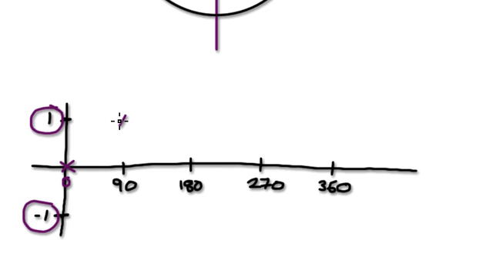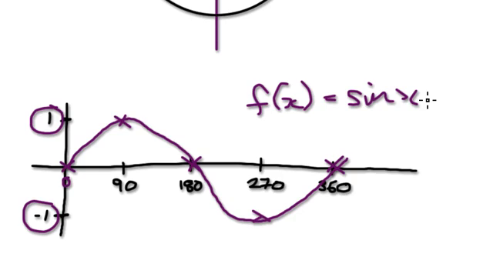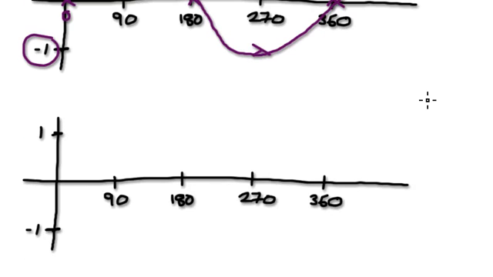When it's 90, sine will be 1. When it's 180, sine of x will be 0, and this one here will be negative 1, and so on. Just sketch it roughly like this. So this here would be f of x equals sine of x. And then do the same for cosine.